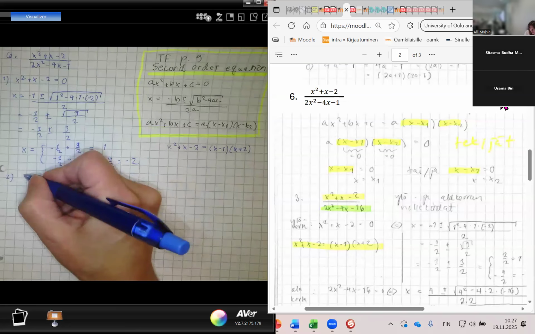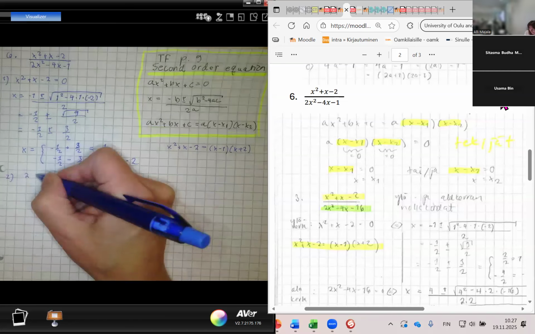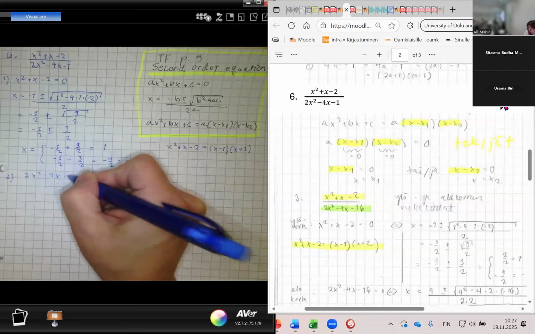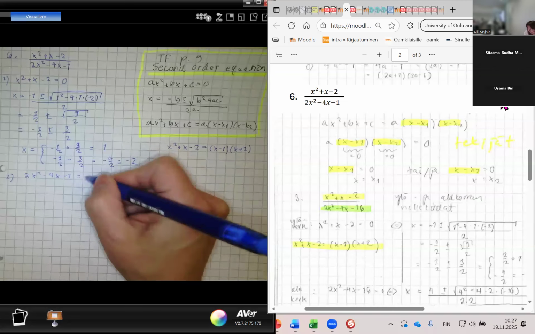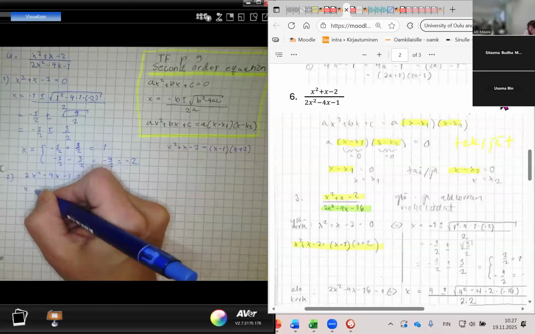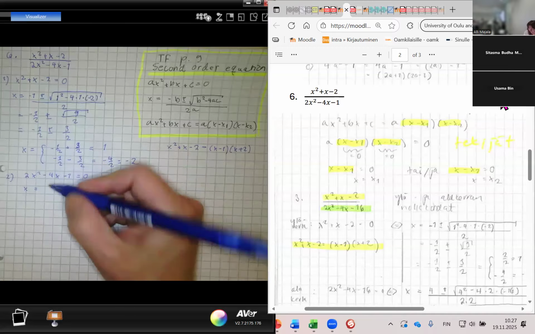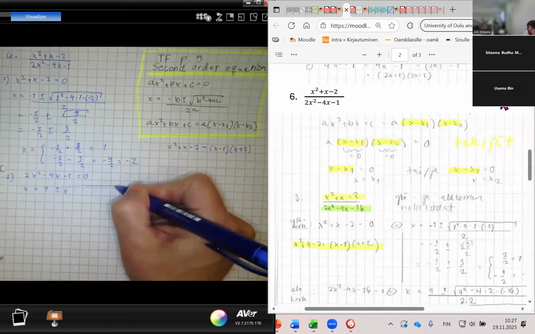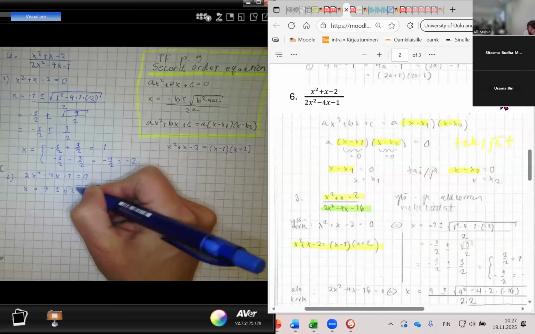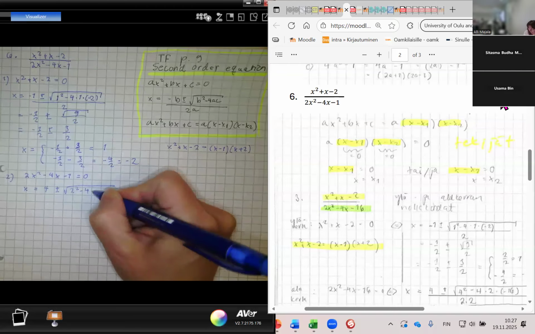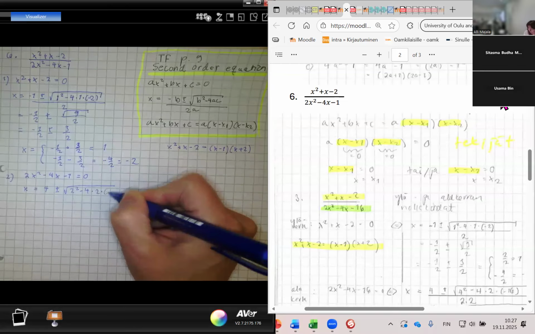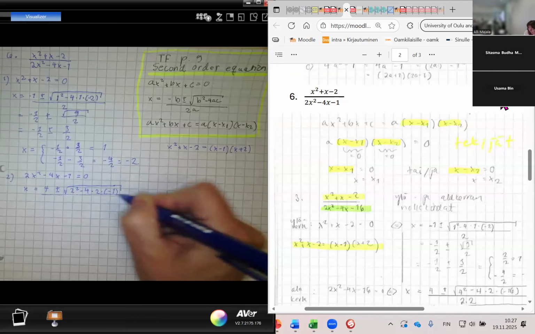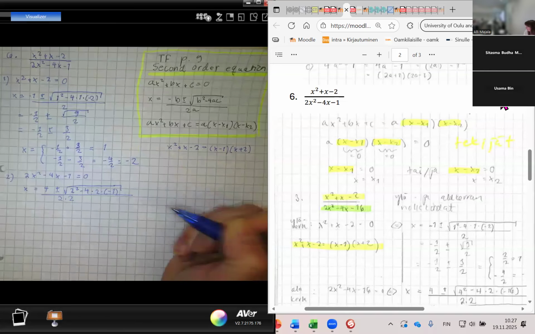So the lower part of this. And I know from here that it is 4 plus or minus the square root of 4 times 2 times minus 1, divided by 2 times 2.